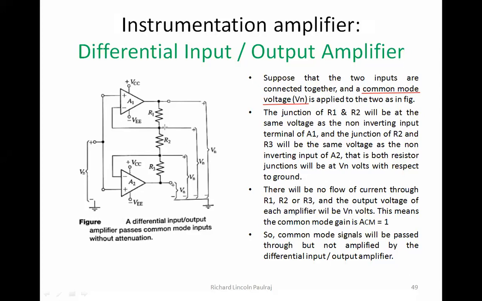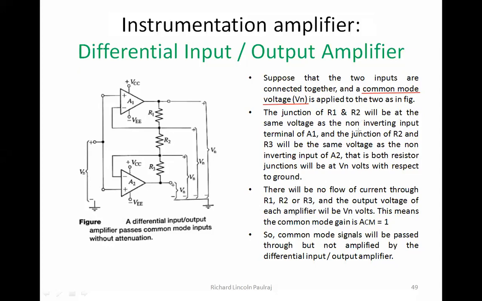So we're going to have the same voltage. You can see Vn, Vn, Vn, Vn. So regardless of where I take the potential, it's going to be the same. Pretty interesting, just with a small minor change that I have done across the input voltage, which is given as Vn.